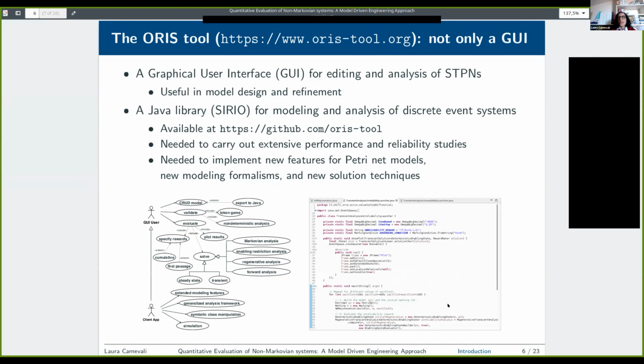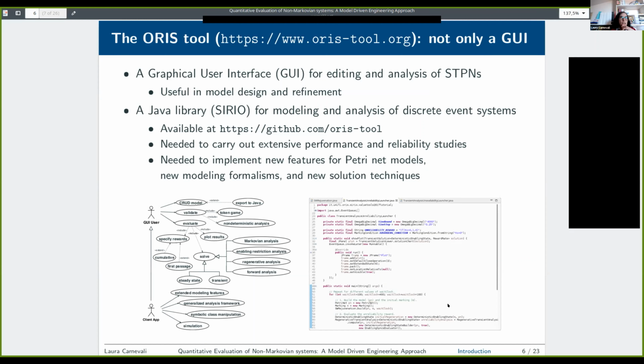In the case of ORIS, it is Java code, and implement programs that automate model construction and analysis. In the case of the ORIS tool, this is supported by the Stereo Java library, which is the underlying Java library of the tool.